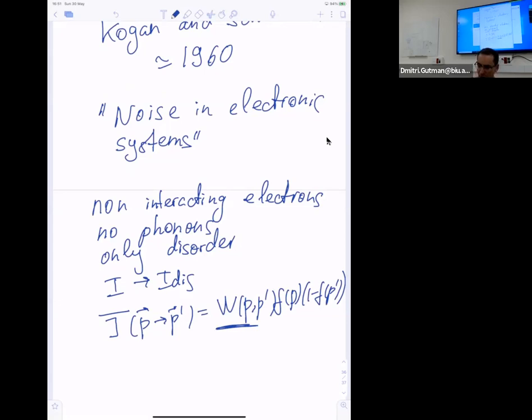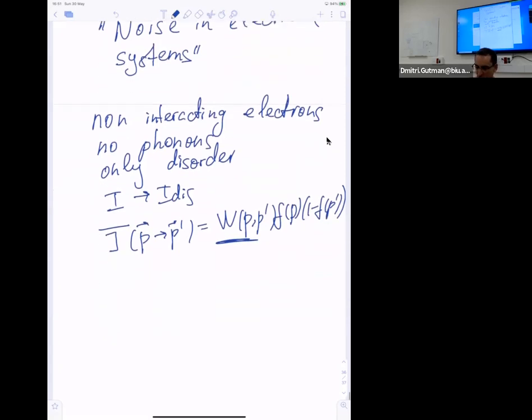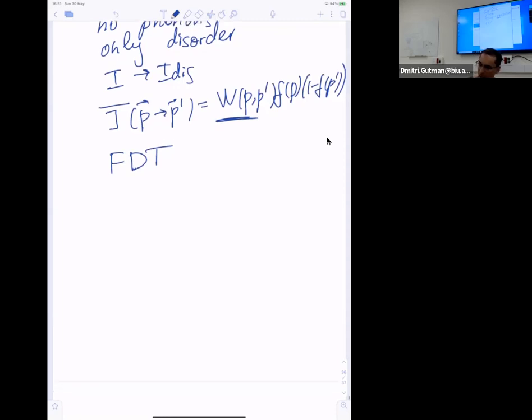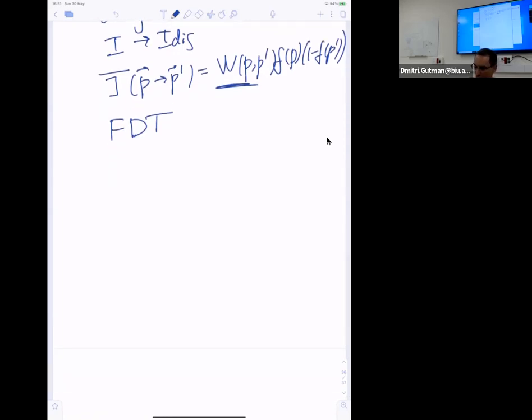And this is actually a very important observation because this procedure needs to be consistent with the fluctuation dissipation theorem. So we know that the relation between linear response measurements that are dictated by the collision integral, you computed it already many times, and noise must satisfy the fluctuation dissipation theorem. Therefore, non-surprisingly, they are built of the same object. So now we're going to use this knowledge and solve the following problem.